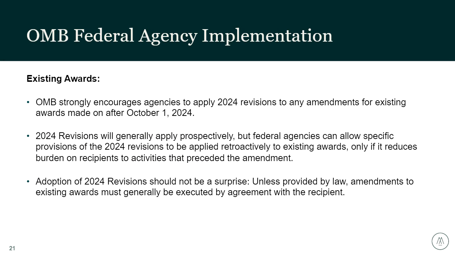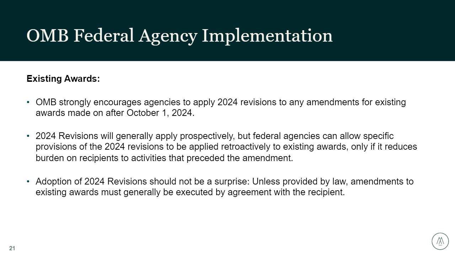For existing awards, the OMB is strongly encouraging agencies to apply these revisions to amendments for existing awards made on or after October 1st, 2024. So this applies to when the award is actually made, not when the NOFO comes out or anything like that.